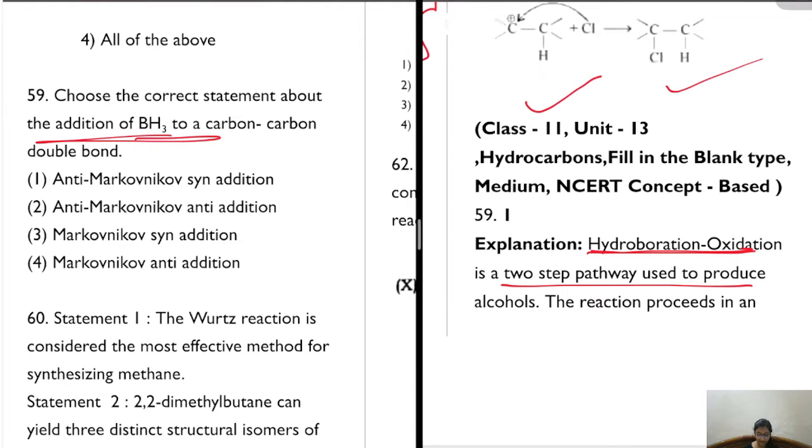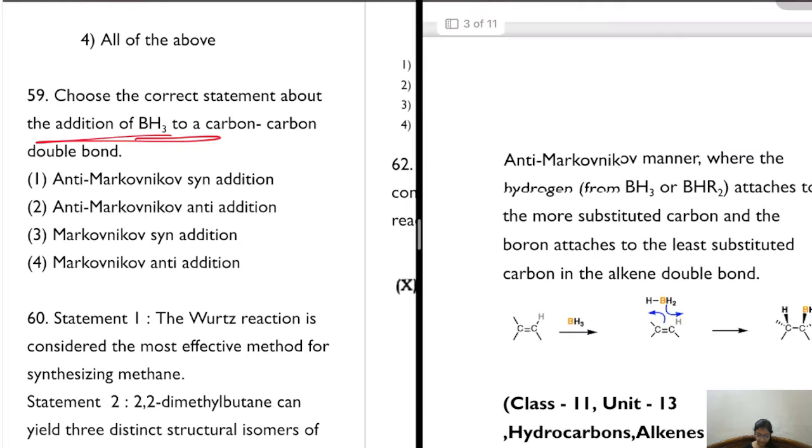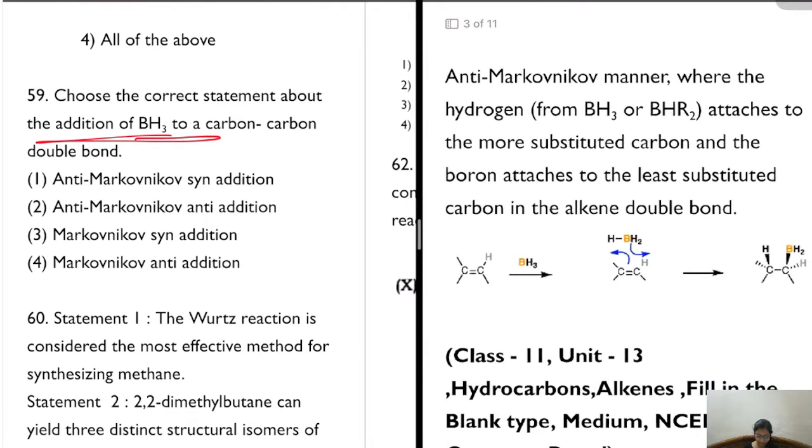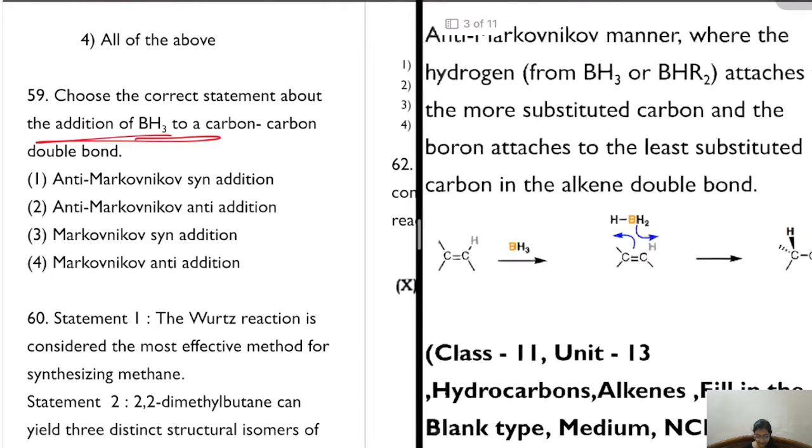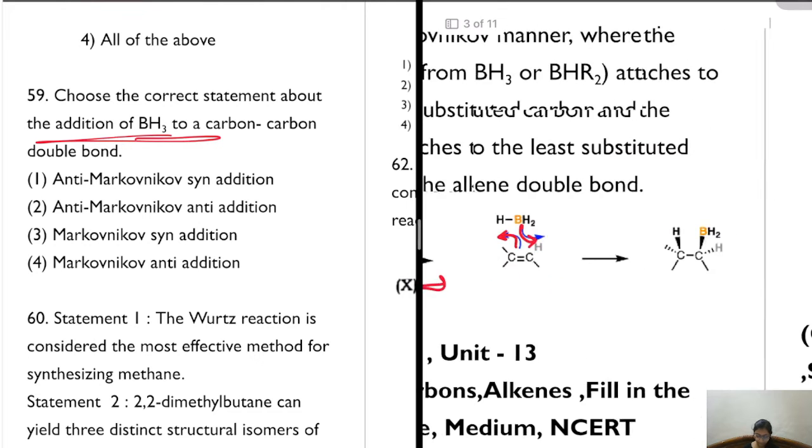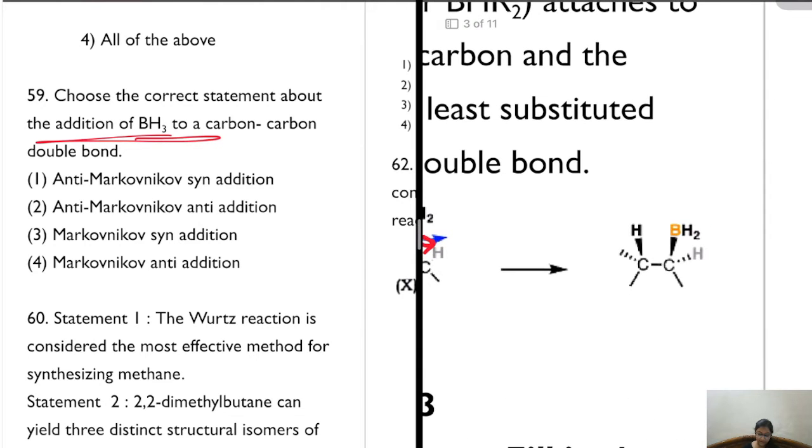Along the double bond, we can add, and this is the reaction that takes place. We have this alkene, and upon adding BH3, the boron will attach where there are more number of hydrogens, not the lesser number of hydrogens. And when it attaches to the carbon with more hydrogens, it follows anti-Markovnikov's rule.